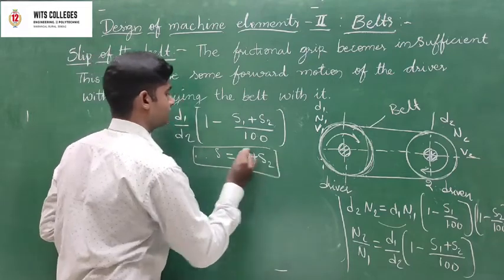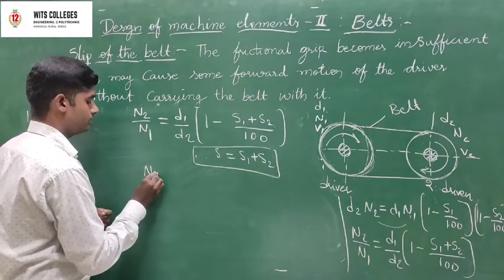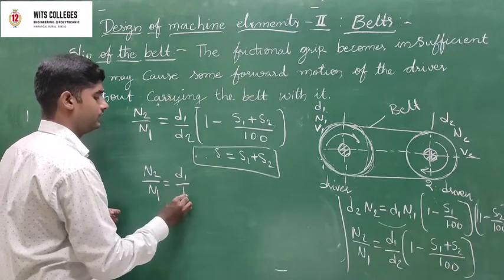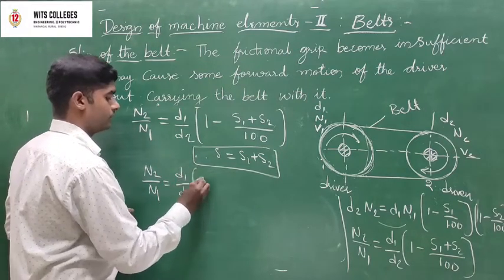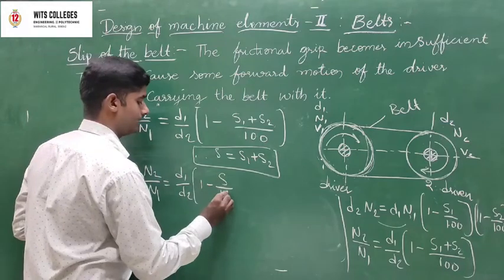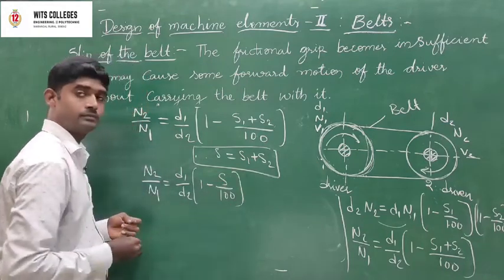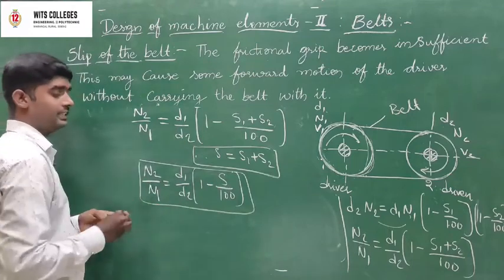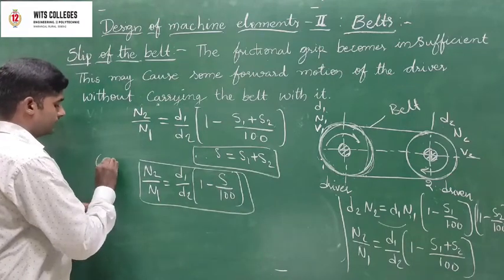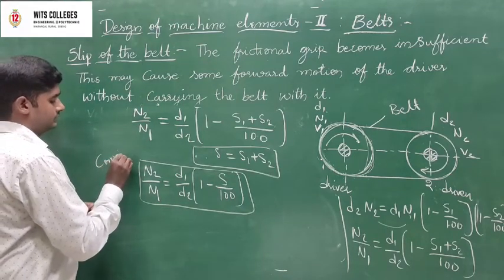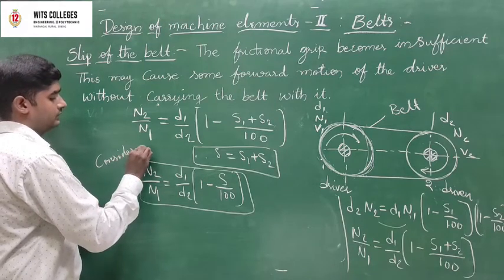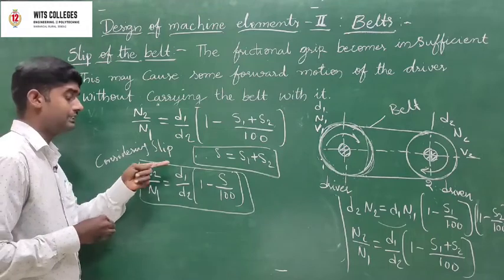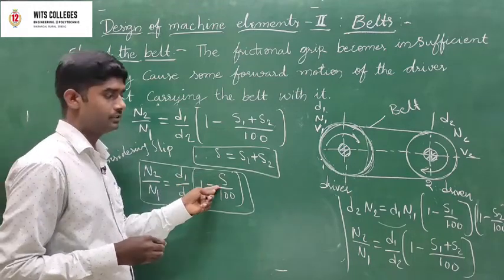Using this, N2 by N1 is equal to D1 by D2 into 1 minus S by 100. This considers the total slip.